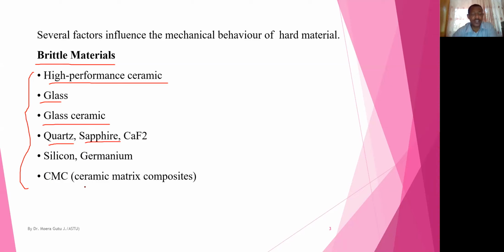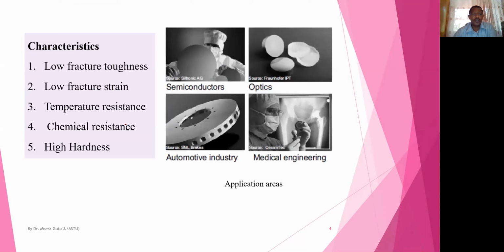This means they are hard materials which are difficult to machine. They have these characteristics mainly. They have low fracture toughness, which means they cannot absorb load when the load is applied vertically or horizontally upon the hard materials. They can easily fracture, so they have low fracture toughness.